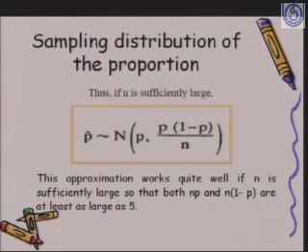So this is basically the result that we use in proportion. It has a mean of p and a variance of p(1 minus p) divided by n. This approximation works quite well if n is sufficiently large, so that both np and n(1 minus p) are at least as large as 5.